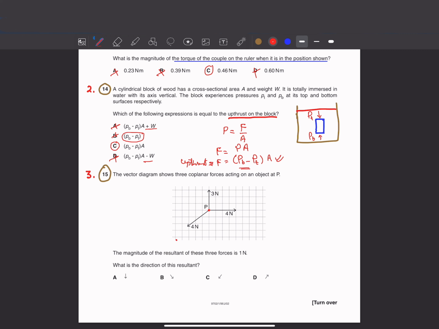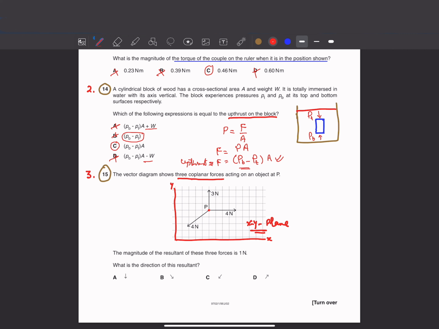Suppose this is your situation, x-axis and y-axis. So all these forces are lying in the xy plane you have here. Three coplanar forces means all the forces are lying on the xy plane. So this is what we have.